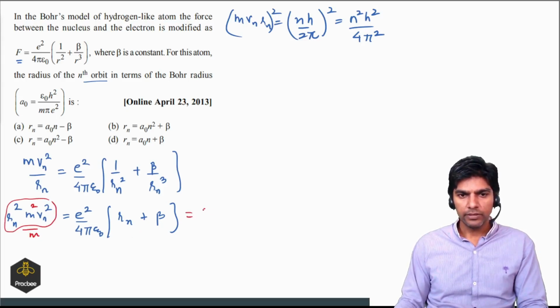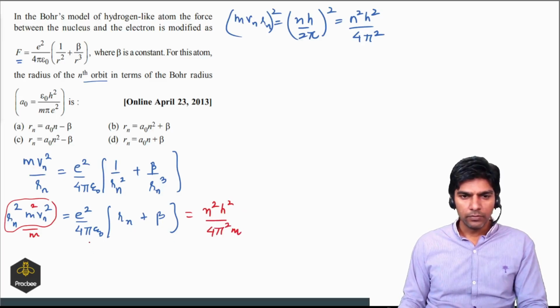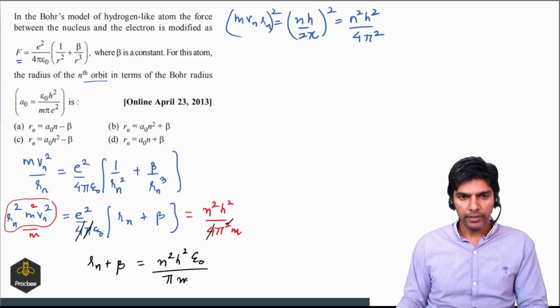So this can be written as n square h square upon 4 pi square times m. Okay, so from this equation 4 pi will get cancelled out, and we have Rn plus beta is equal to n square h square epsilon naught divided by pi m e square.